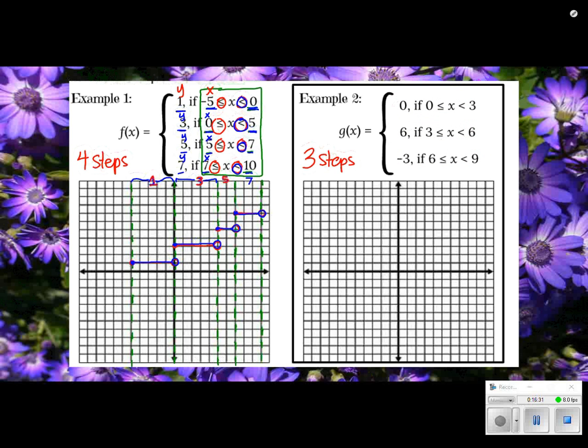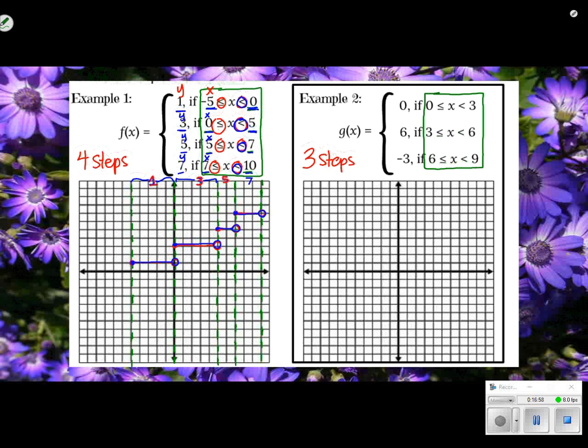Can you tell, and these would be the questions I would be asking you in class, where we're going to draw the green dashed line for example 2? I'm going to be looking at this part.